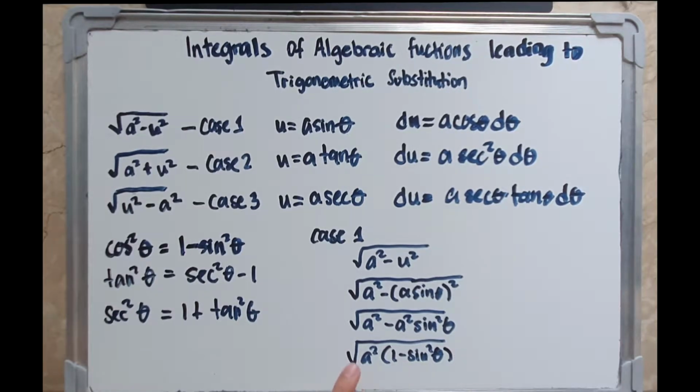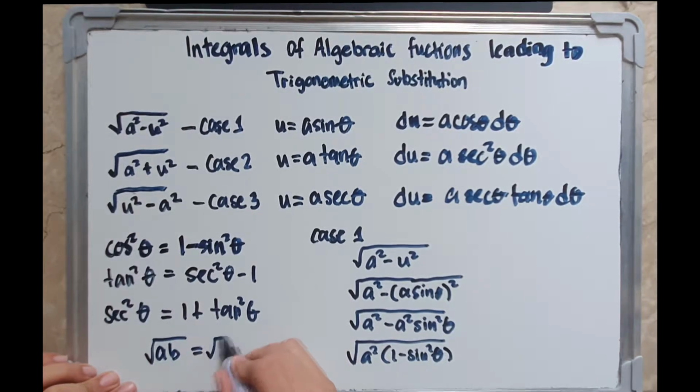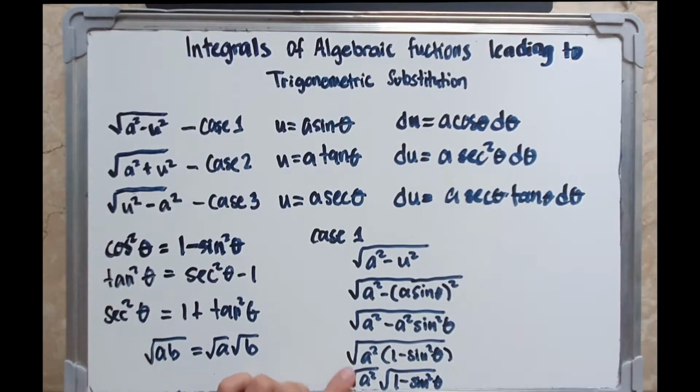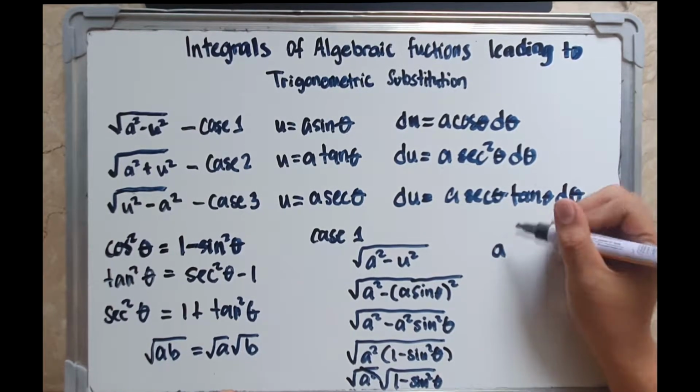In algebra, we could split the radical symbol from two functions, recalling the square root of ab is equivalent to the square root of a times the square root of b. So we now have the square root of a squared and the square root of 1 minus sine squared theta. Okay, notice we could cancel the square root, so we now have just a outside.